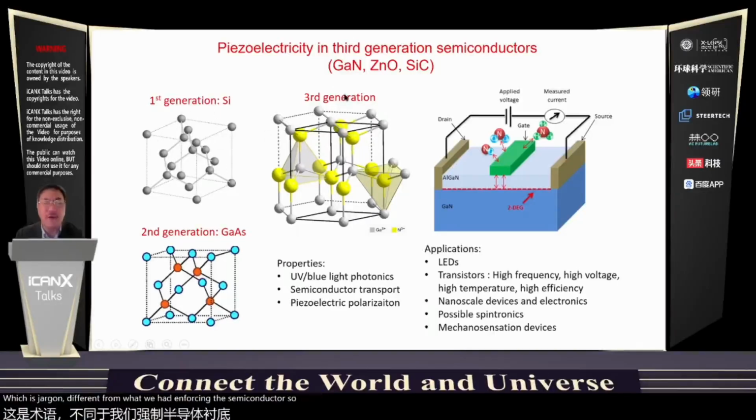Therefore, under mechanical strain, the piezoelectricity of third generation semiconductor is there, it is unavoidable. That's why we talk about the impact of piezoelectricity on the transport in the third generation semiconductor. That's why we started this work back in 2007, 2010 or so.